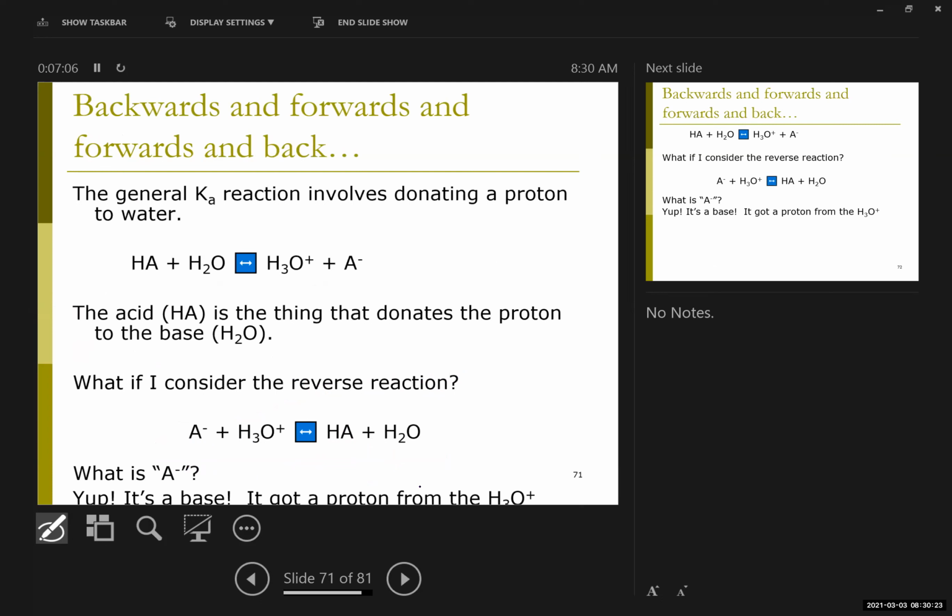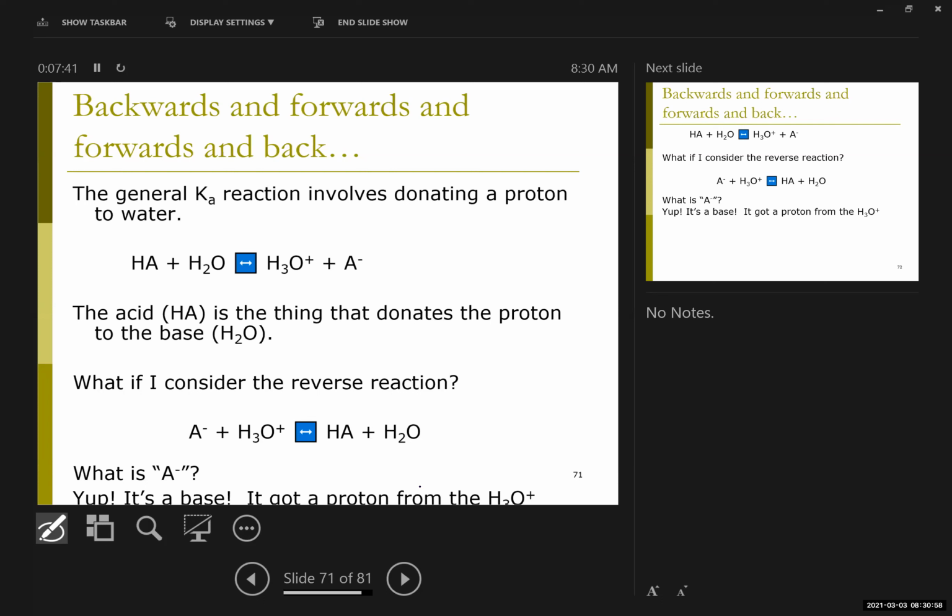There's another useful property of Kw beyond determining the pH of a base, and that gets back to what we were talking about just in general for these reactions. Technically speaking, my Ka and Kb reactions are really pairs of acids and bases, because the reactants are an acid and a base, and technically the products are also an acid and a base.